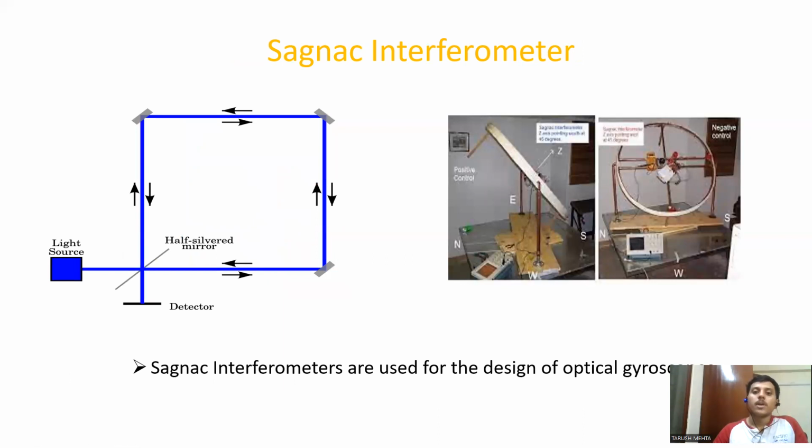The third type of interferometer is the Sagnac interferometer. The basic structure of a Sagnac interferometer is shown here.